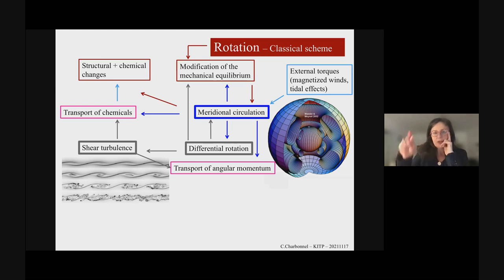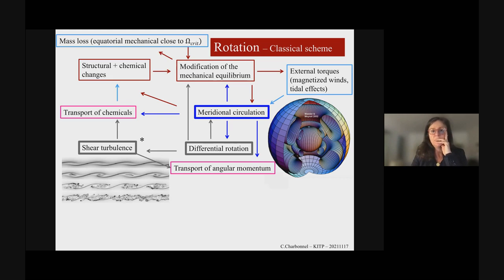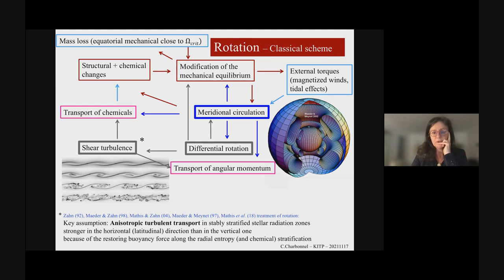You have this loop going on, which changes again the chemicals and the structure of the star, and that has an effect on the mechanical equilibrium. And as I mentioned before, the mass loss is also going to be modified. So this is what we call the classical scheme.